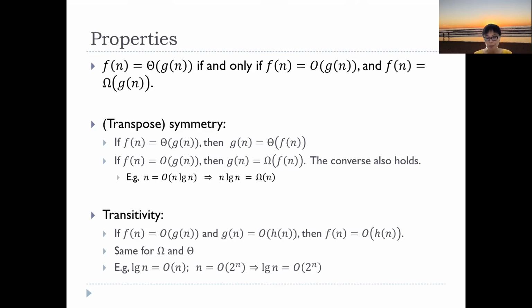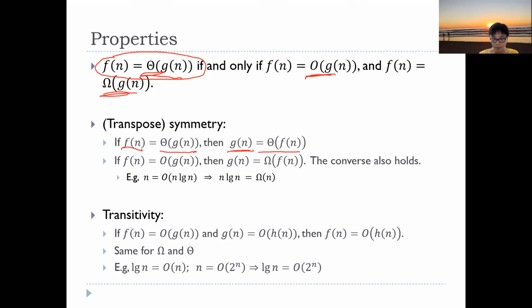The first one is straightforward, because just by definition, if f of n is in big theta of g of n, that means it's both upper bounded by g of n and lower bounded by g of n. Here, this big theta relation is symmetric. So if f of n is asymptotically the same as g of n, naturally g of n is asymptotically the same as f of n.